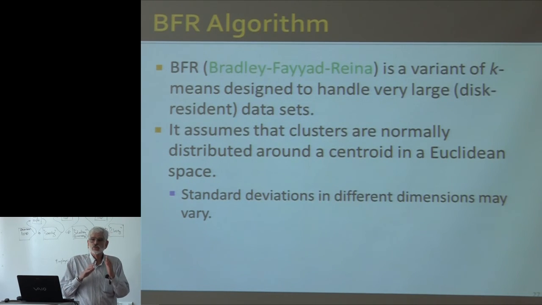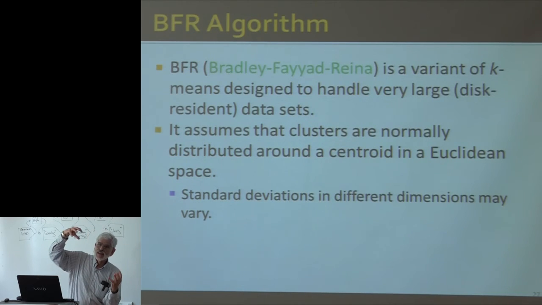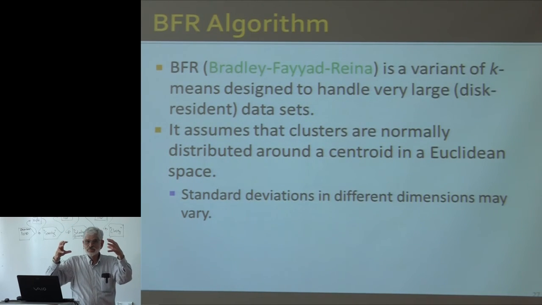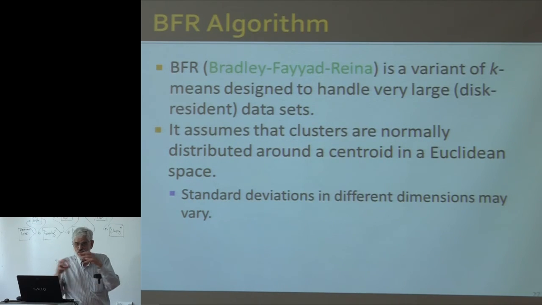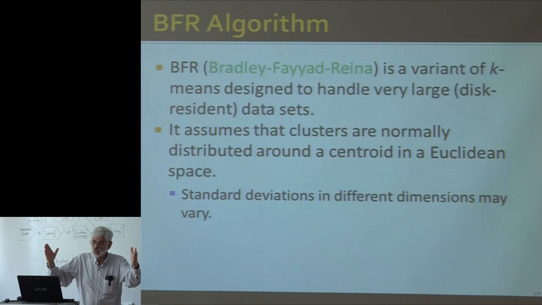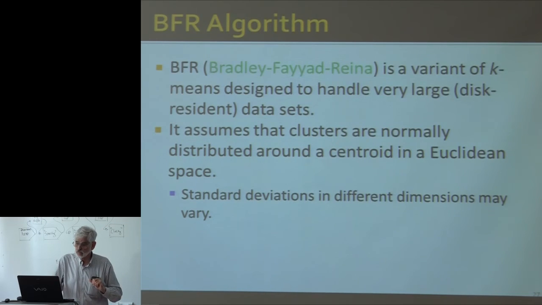There's no correlation between the dimensions. That is, the clusters look sort of like ellipsoids, but not at an angle. They're rectilinear. Their long dimensions are along the axes. They're not necessarily spheres, but their axes are along the dimensions.